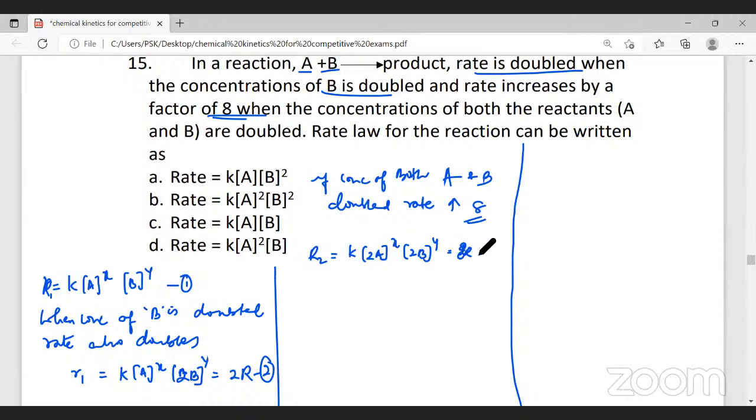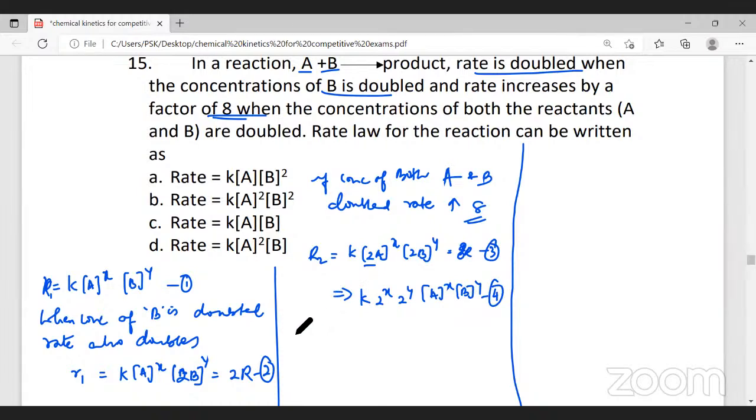This we mark as equation number 3. So we can write this as K into 2 to the power X, 2 to the power Y, taking common factor, into A to the power X and B to the power Y. This we mark as equation number 4.